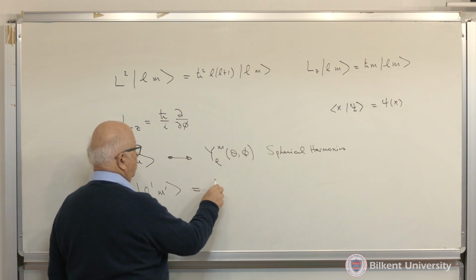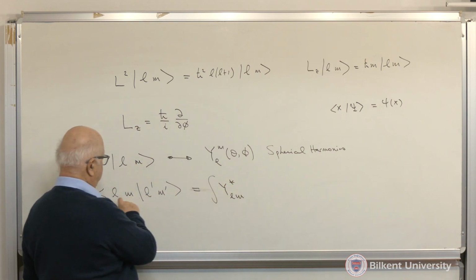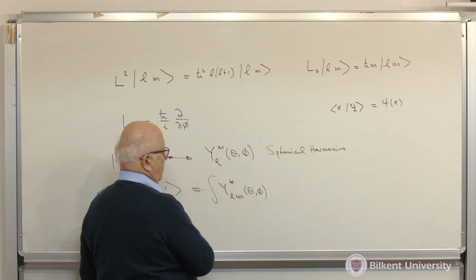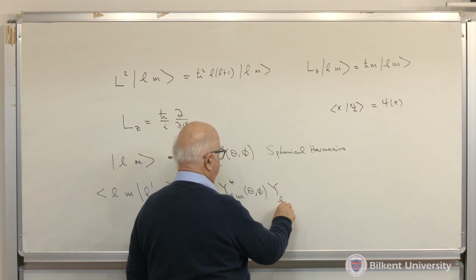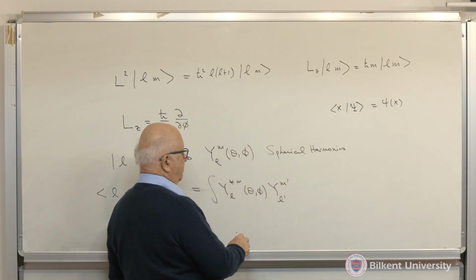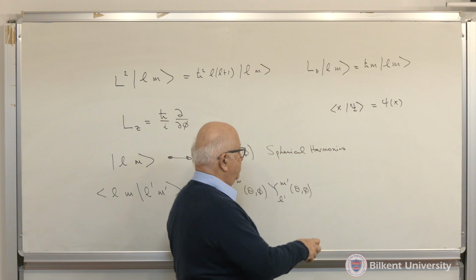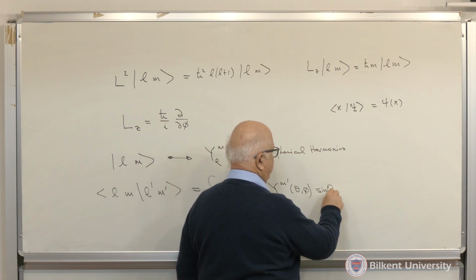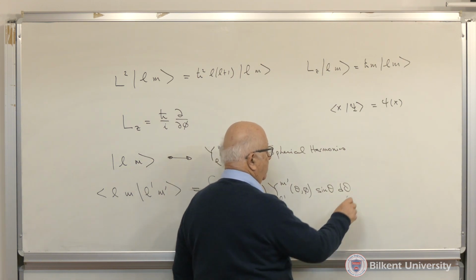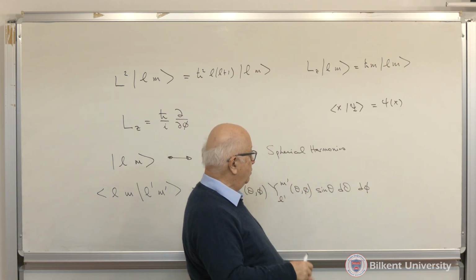equal to Y_l^m star of theta and phi, because it's on the left-hand side, and Y_l'^m' of theta and phi, integrated over all angles, which means I have sine theta d theta, where theta goes from 0 to pi, and d phi, integrated from 0 to 2 pi, so it covers the whole sphere.